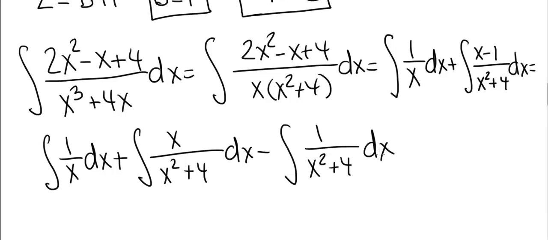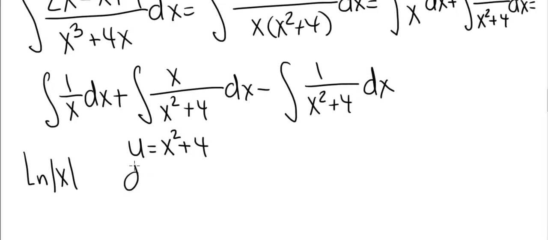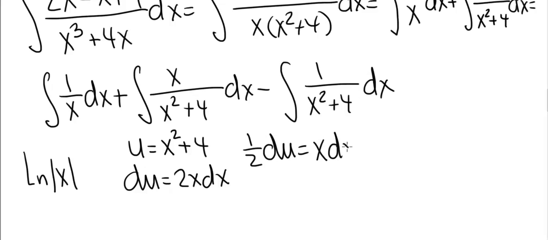So these 3 integrals should be much easier than the original integral, so that's why we use this method of partial fractions. Clearly the first integral is natural log of absolute value of x. For the second integral we use the u substitution. U equals x squared plus 4, so du is 2x dx, and 1/2 du equals x dx.